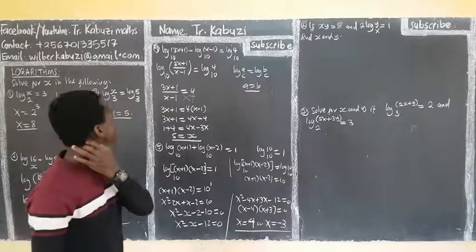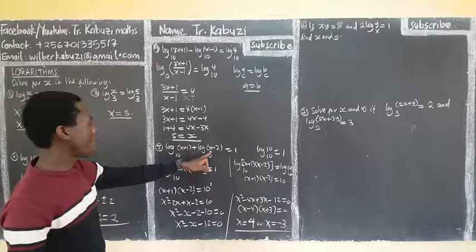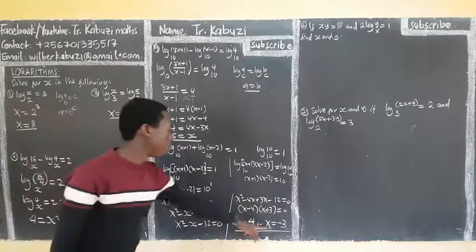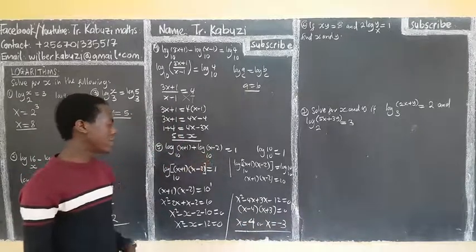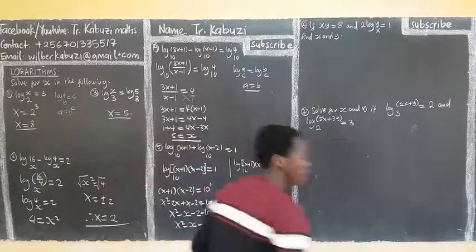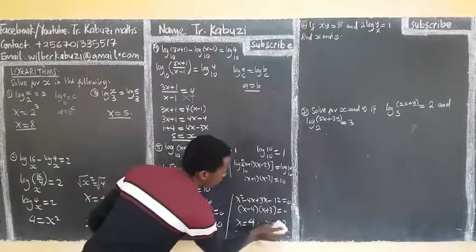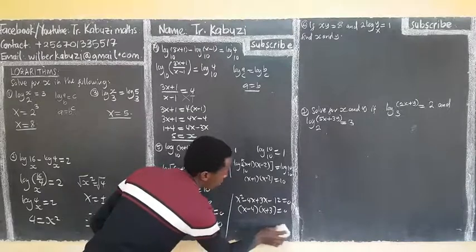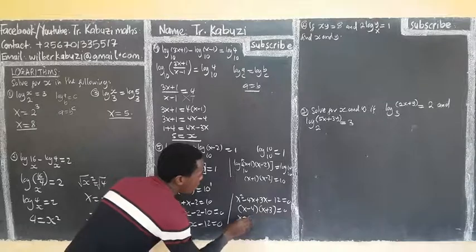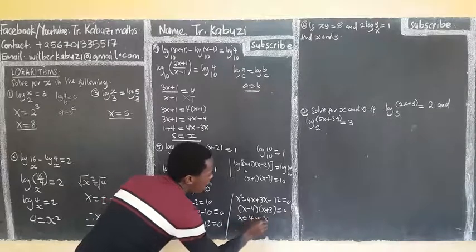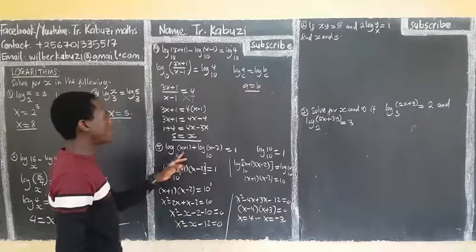But when you look here, x can't be negative, because when you put negative 3 here, the whole of this will be negative. So there I conclude with one value only. We conclude that here, our x is 4, or our x is negative 3, but when you put it in, you test back.